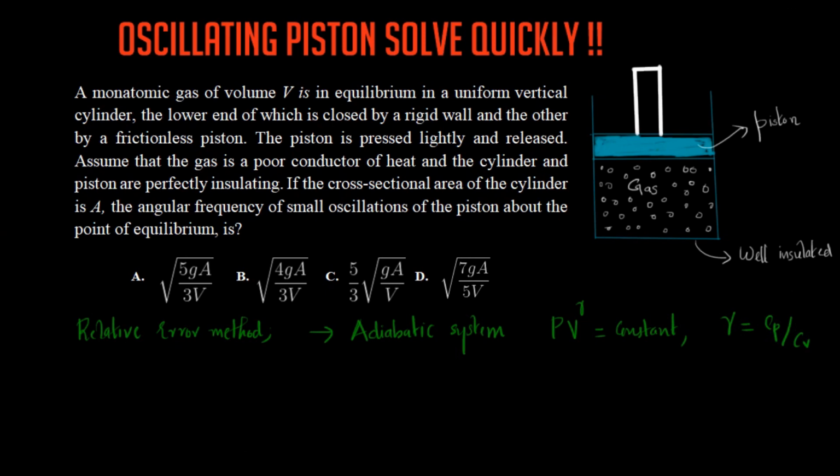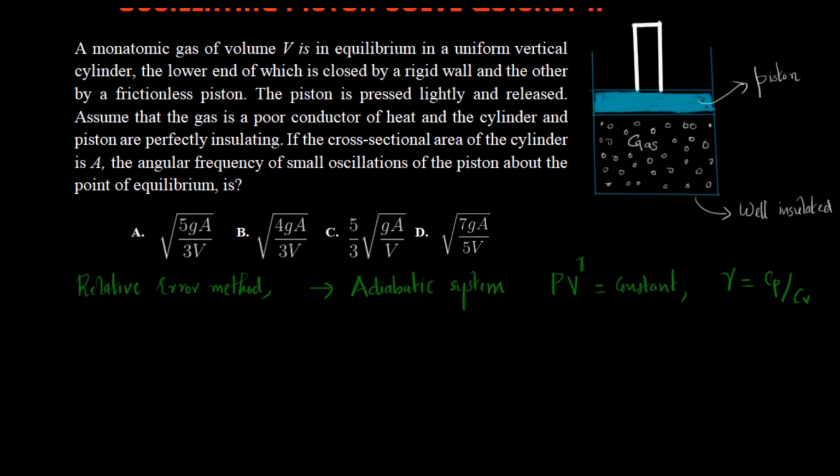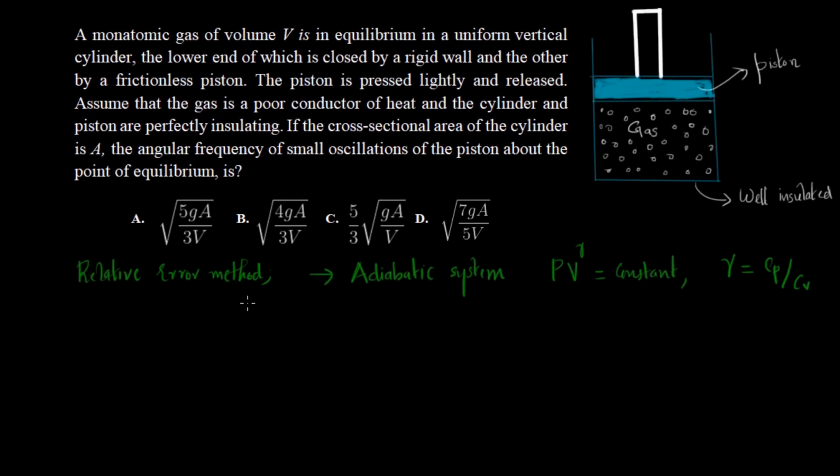right? So what we are going to do now is use this method. PV raised to gamma is a constant, or P is proportional to 1 by V raised to gamma, that is P is proportional to V raised to minus gamma, right?